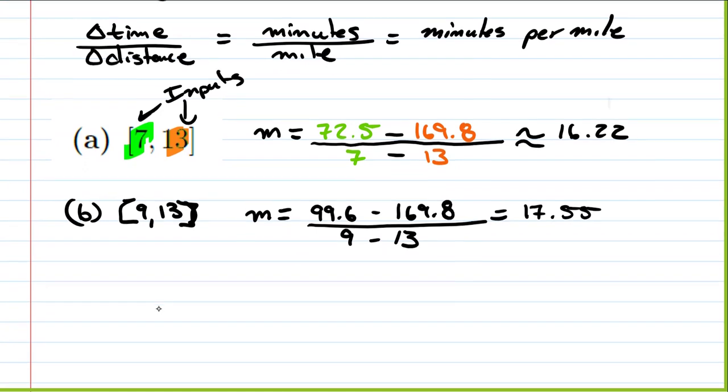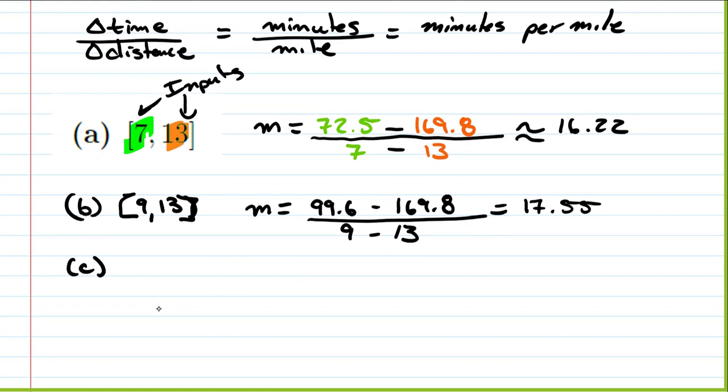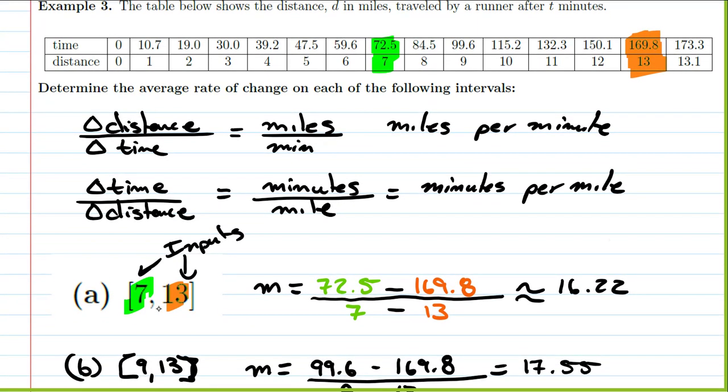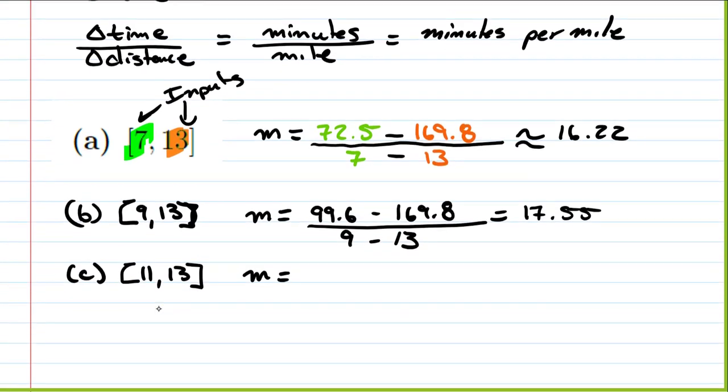And we keep going. Our next interval is 11 to 13. So we have M, and we look up at 11. This time we get 132.3 minus 169.8 all over 11 minus 13.